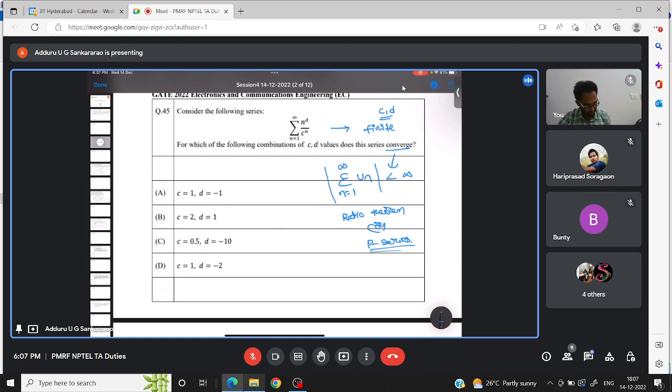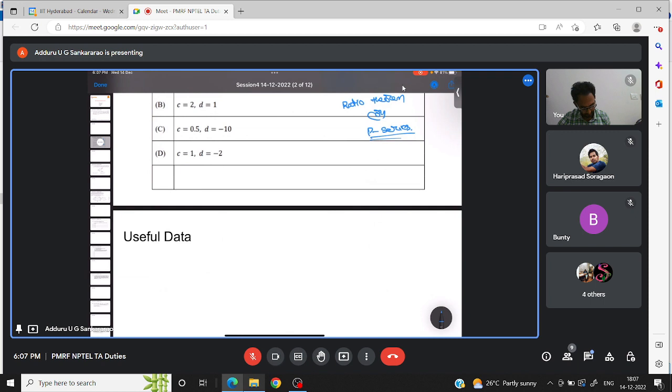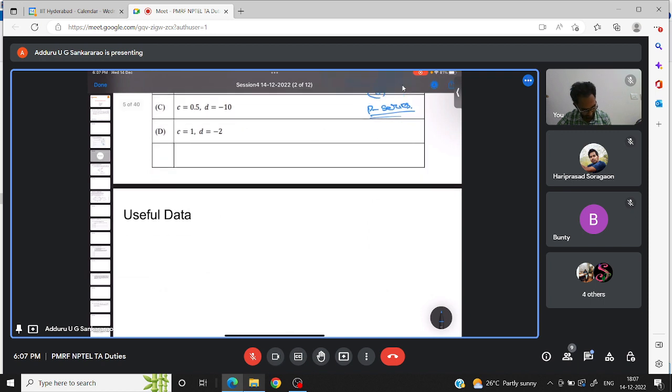Now, what the ratio theorem tells is, sum of sigma n equal to 1 to infinity u n, it's an infinite summation. That means you have something like u1, u2, so on, u n plus 1, plus so on up to infinite terms. Let us say u1 is some finite quantity.